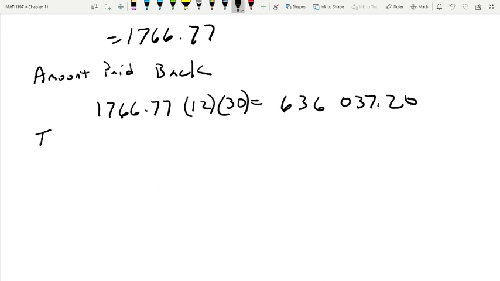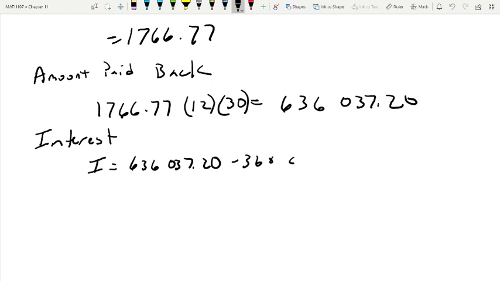And so then the interest is going to be the 636,037.20 minus the 360,000. And so the interest is 276,037.20, right? So you take out a $360,000 loan, and the interest you pay on that loan is $276,000.